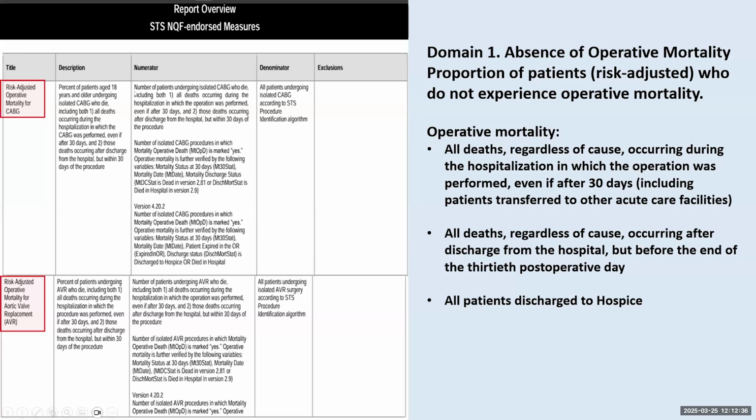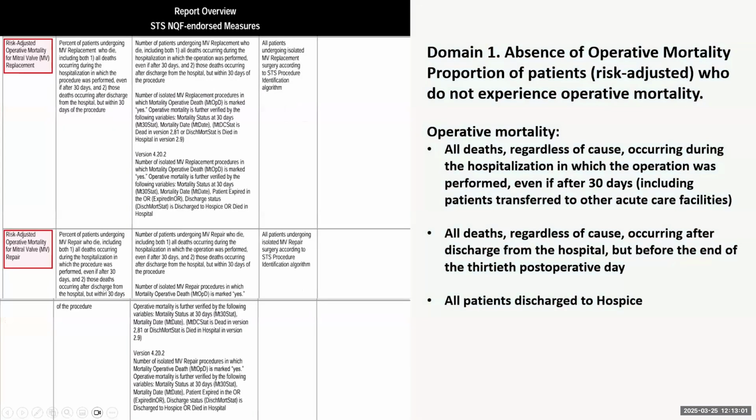And as you can see on the NQF document, which we now call the process and outcome document, we just need to get that updated on the website. I know Nancy's working on that. So you can see that you've got one for operative mortality for CABG, you've got one for AVR.